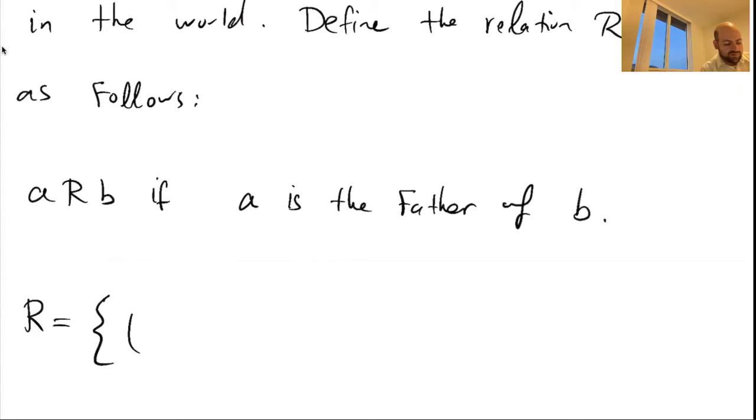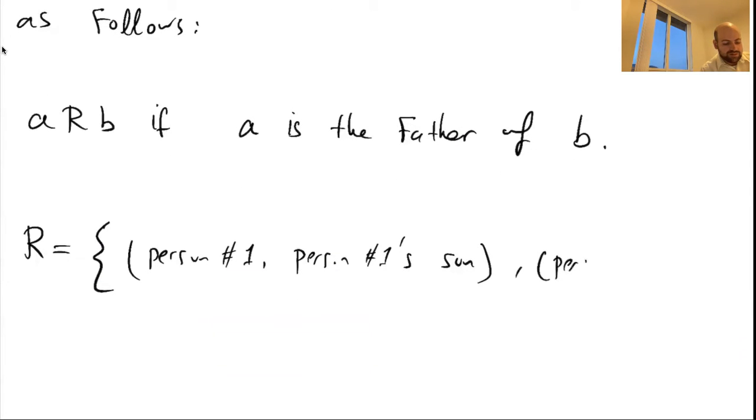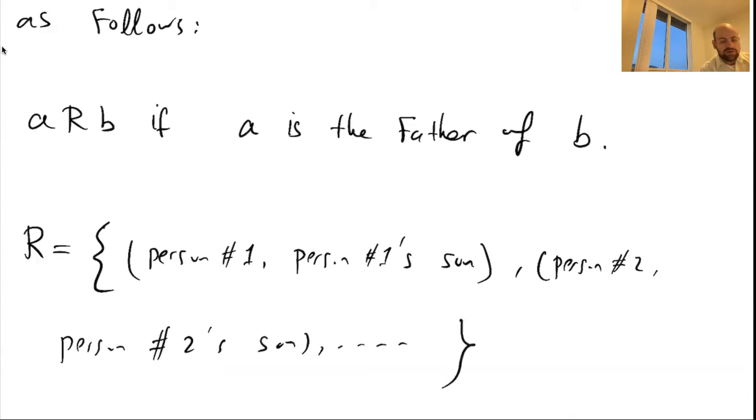So let's say, for example, person number 1 and person number 1's son. Similarly, person number 2 and person number 2's son, and so on. So this relation consists of all pairs where the first coordinate is a father and the second coordinate is his son.